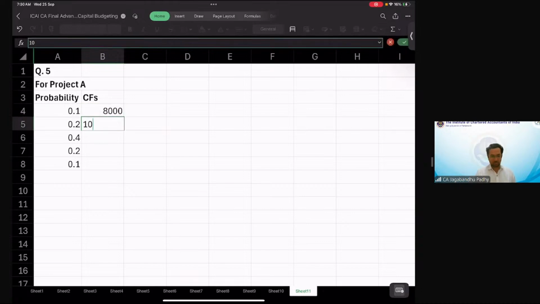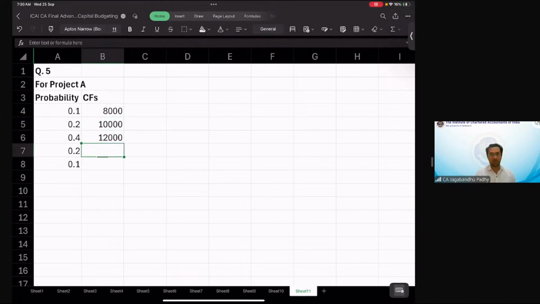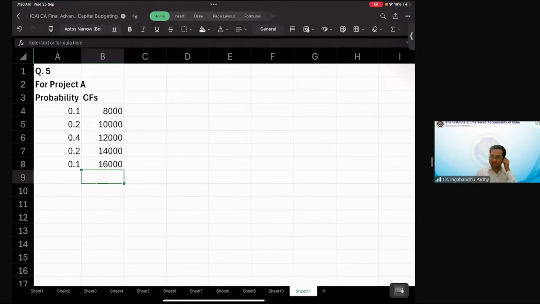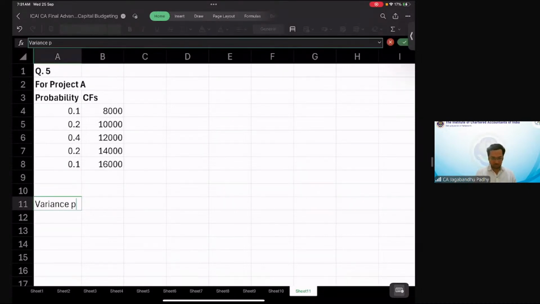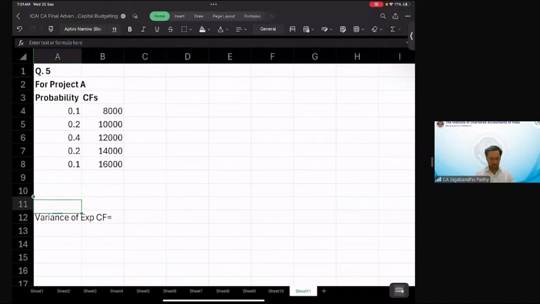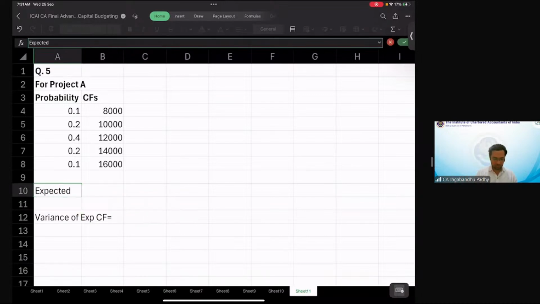Based on this, we have the cash flows as 8,000, 10,000, 12,000, 14,000, and 16,000. These are the cash flows. Now, what we need to do is first get the variance of expected cash flow. For that, we need to first get the expected cash flow.